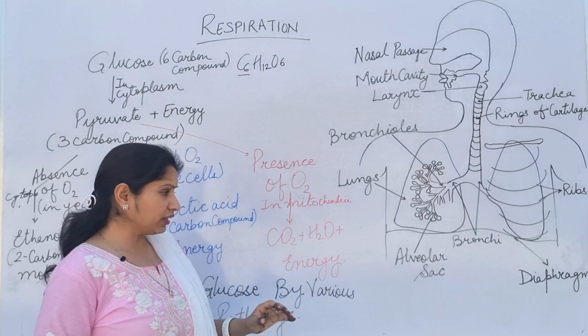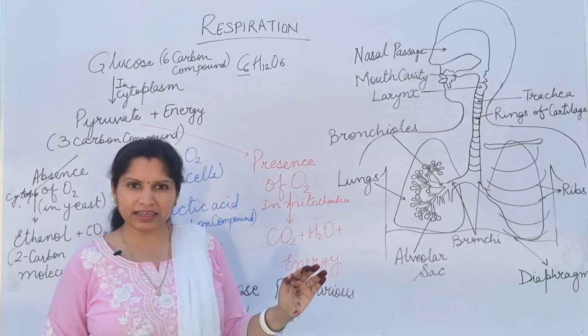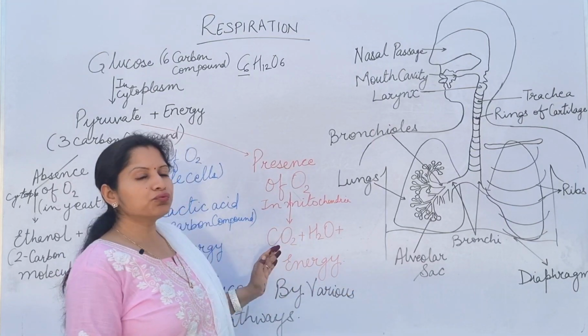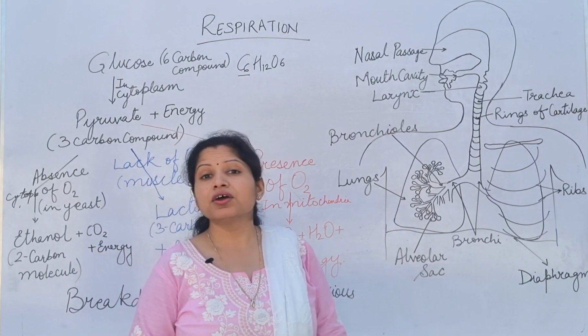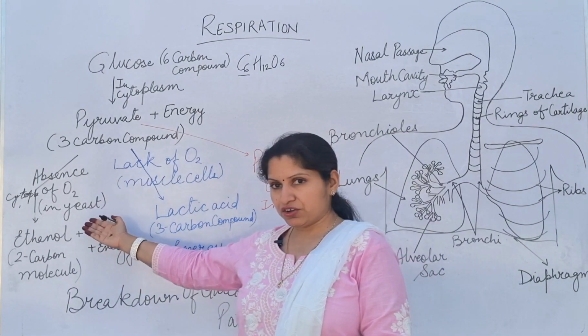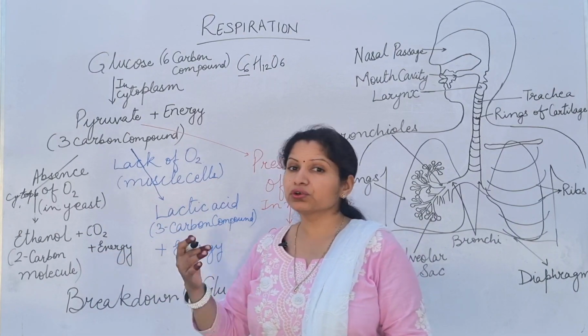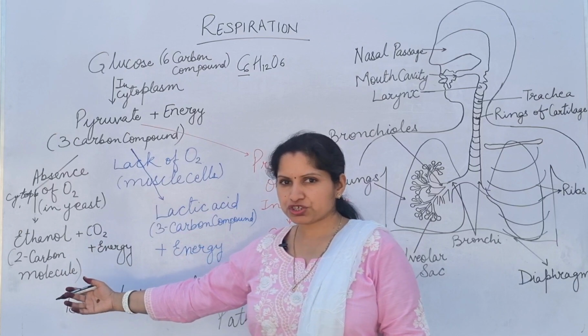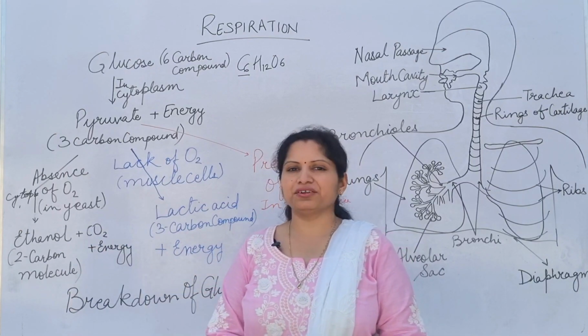Okay. Next is, in case of aerobic respiration, there is complete breakdown of glucose to form carbon dioxide and water and release the energy. But in case of anaerobic respiration, there is incomplete breakdown of glucose resulting in formation of ethanol and carbon dioxide with release of energy.